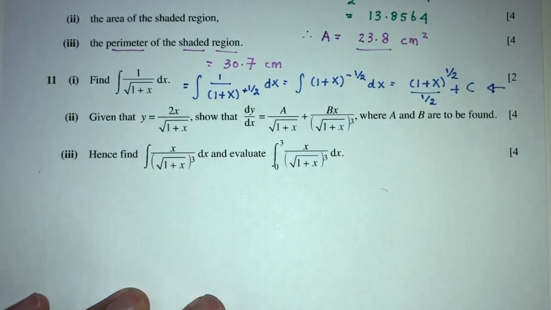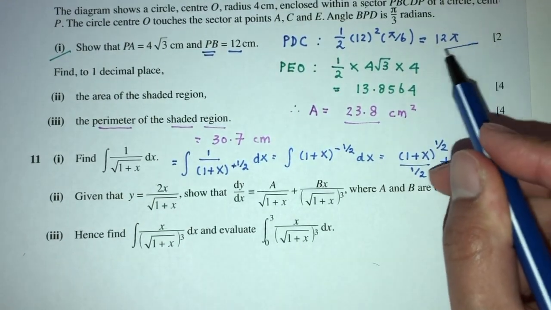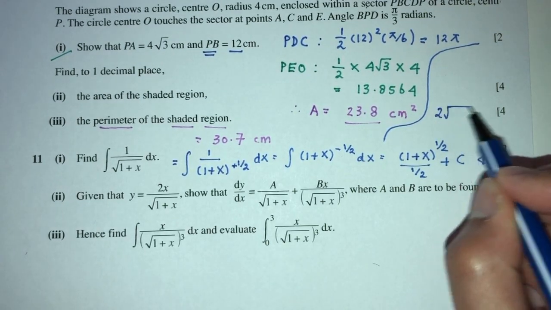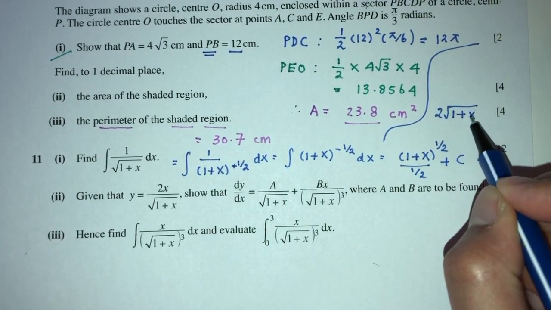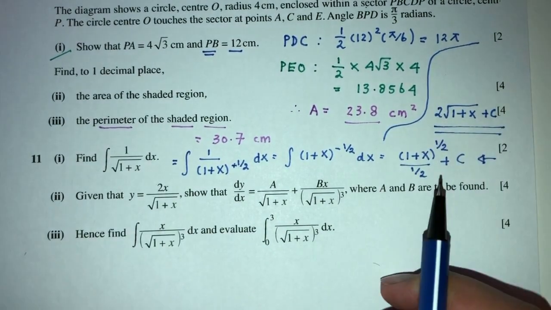This is your answer for part 1. Let me simplify this if you want to. It should be 2 root (1 plus x) plus c. That is the integration of this one.